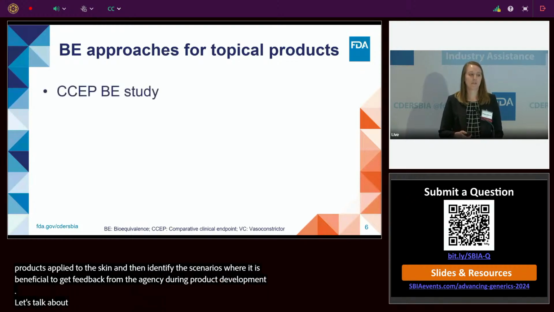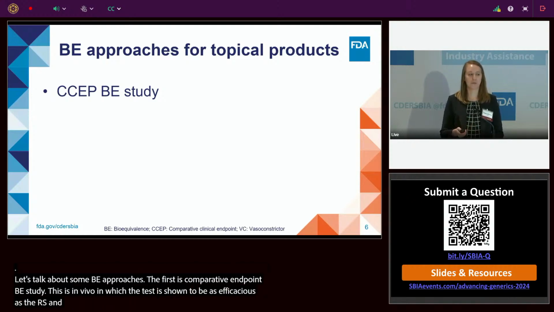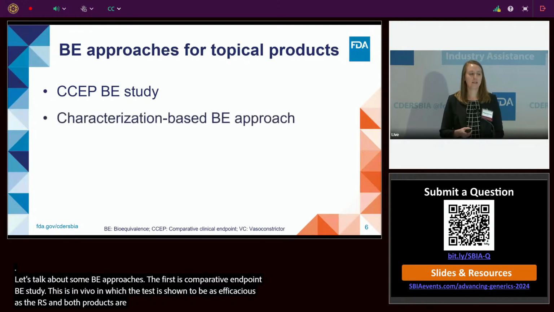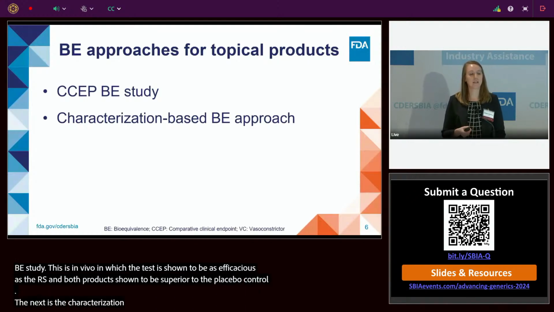The first is comparative clinical endpoint bioequivalence study. This is an in vivo study in which the test product is shown to be as efficacious as the RS, and both products are shown to be as or superior to a placebo control. The next is a characterization-based bioequivalence approach. This is a weight of evidence approach that compares the formulation, microstructure, and performance of the test and RS product.